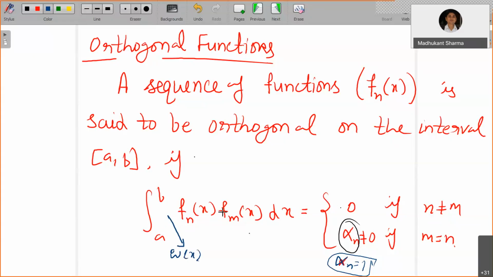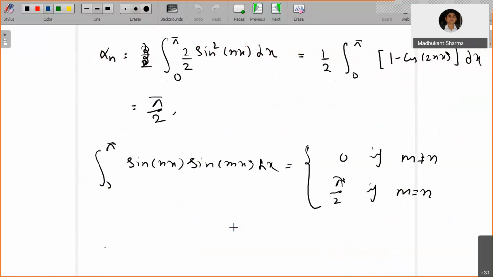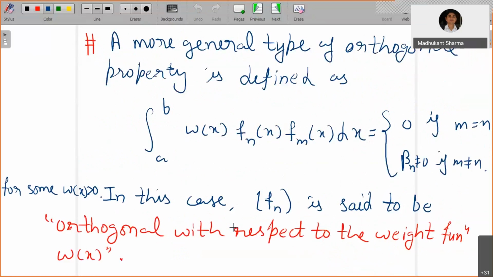So it's a kind of weighted integral now. If this weighted integral becomes 0 for n not equal to m, then we will say it's orthogonal with respect to the weight function. That is going to be the general orthogonality condition. Here w is a positive function.